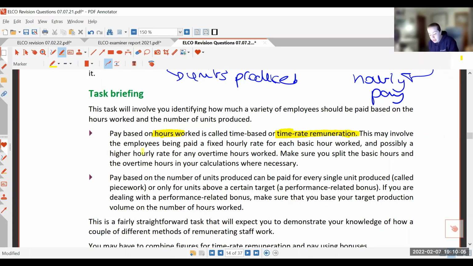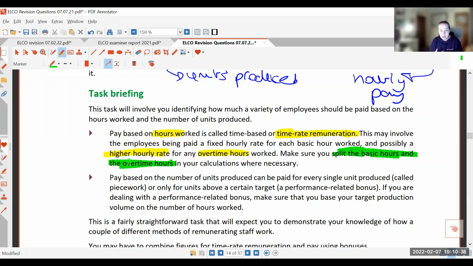It may be that they will get some overtime if it's available, and that overtime is paid at a higher rate to encourage the employees to want to work those extra hours. So it might be that you're asked to calculate a basic wage and then some overtime. And it's really important that if they ask you to split it, that you do that, okay?